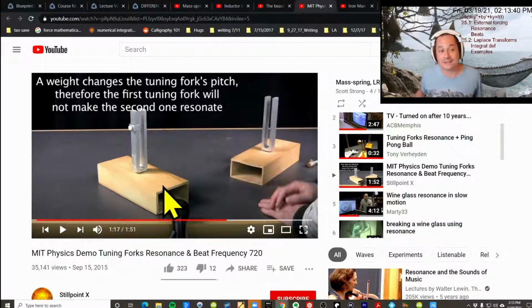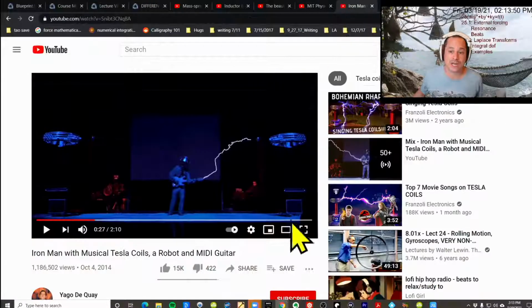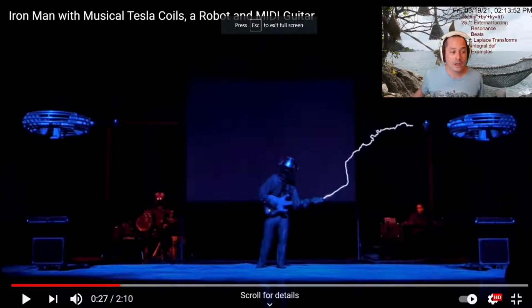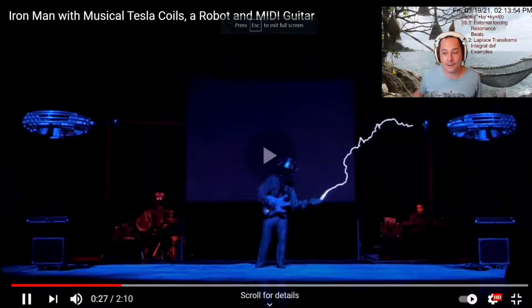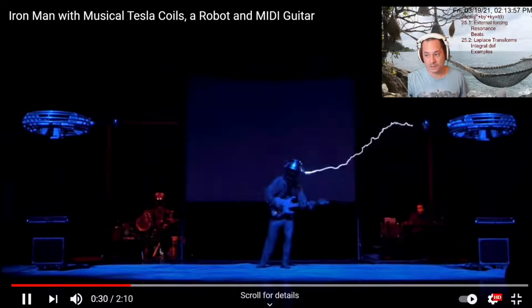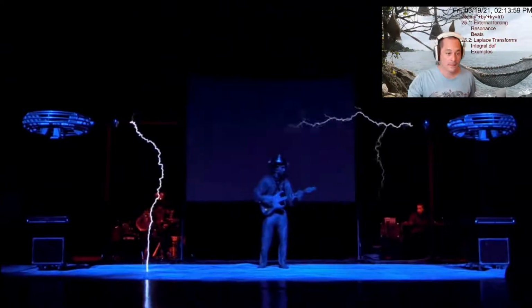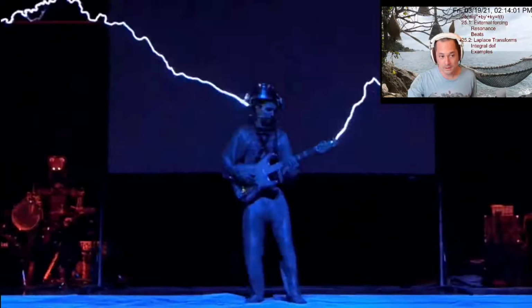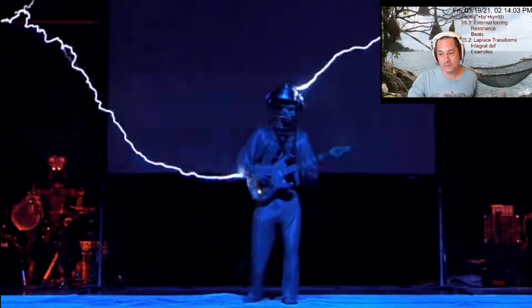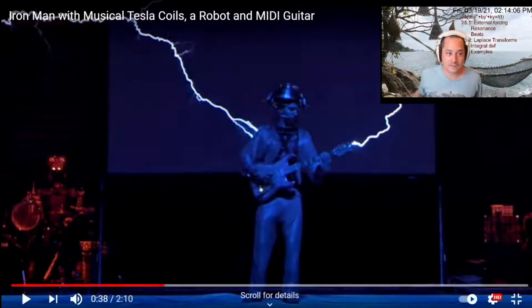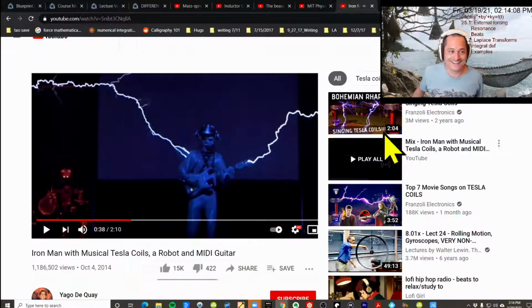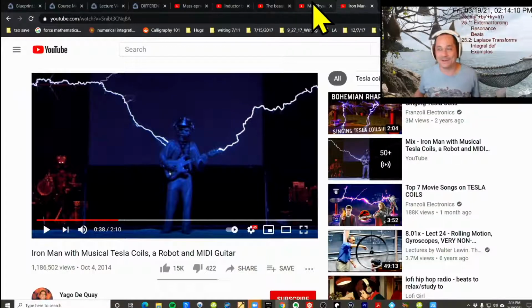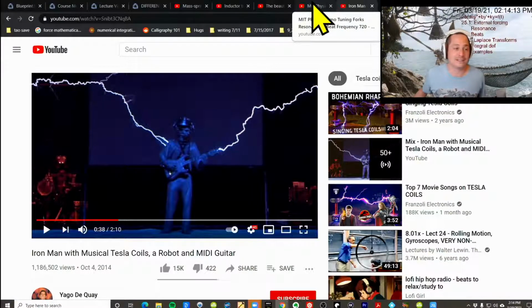Well, the same thing is happening in a Tesla coil where there's a first component that kind of starts the oscillation going and starts powering up charge to the second component, and charge gathers to the point where it will arc off of the top and produce a sound, not the greatest sound in the world, but it will produce a sound. And so that is what's going on behind the scenes in a Tesla coil.